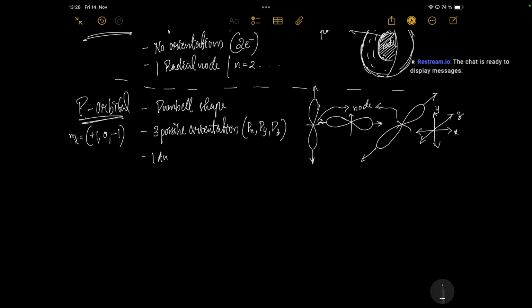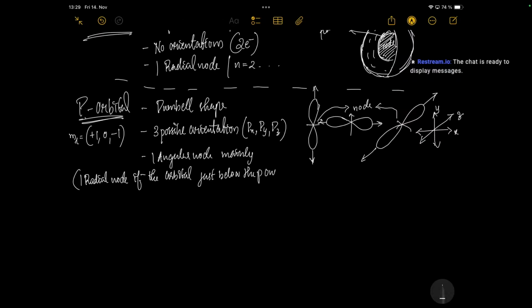One angular node, mainly. One radial node if the orbital just below the p is s. That's a bit too big.